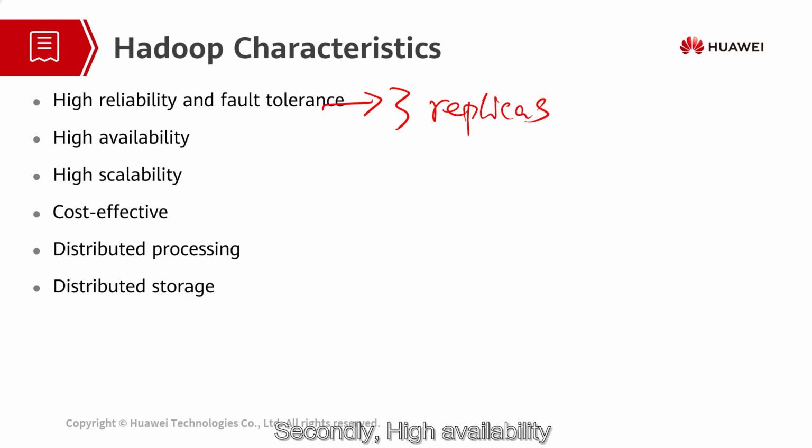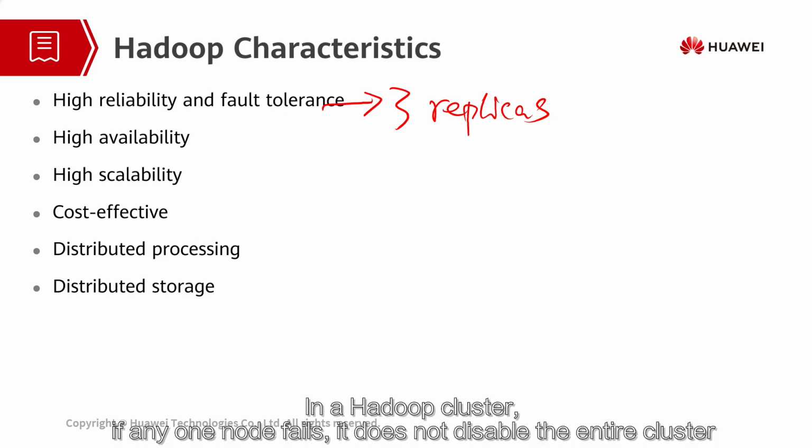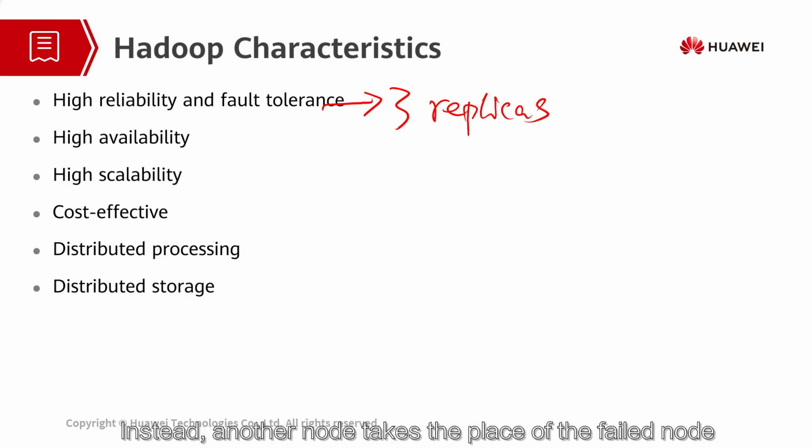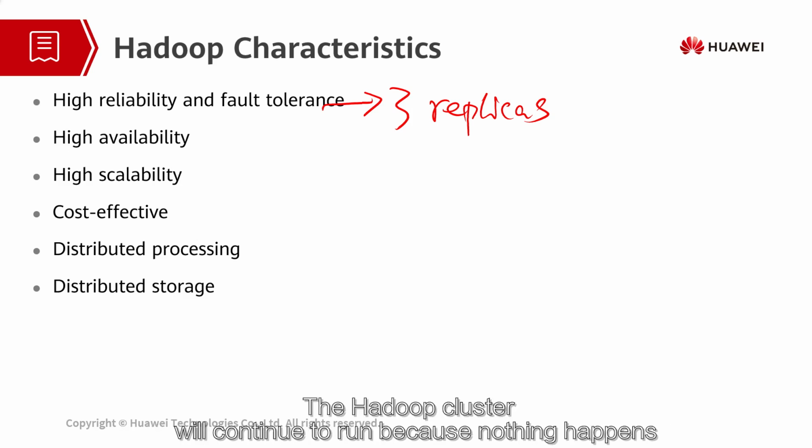Secondly, high availability. In a Hadoop cluster, if any one node fails, it does not disable the entire cluster. Instead, another node takes the place of the failed node. The Hadoop cluster will continue to run as if nothing happened, which improves the reliability.